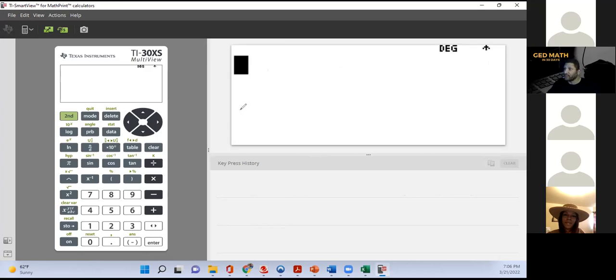For example, watch this: x squared minus 3x minus 6x squared minus 10x. On the test, they might say simplify, and most people think, oh my God, how do you do this?